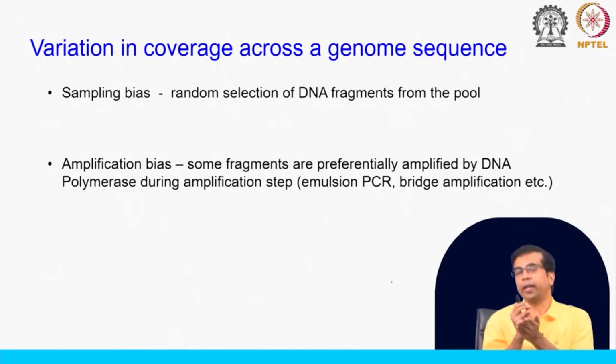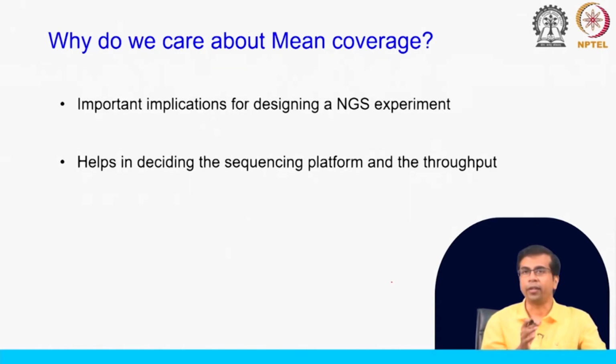It can preferentially amplify specific DNA molecules, and this happens because of a lot of factors, but one of them is the GC content. There is an optimal GC content at which there is very good amplification. There could be mismatch, and mismatch will reduce amplification, etc. So, there is a lot of amplification bias that will happen during this library preparation step. And this is something that will again generate this variation in the coverage.